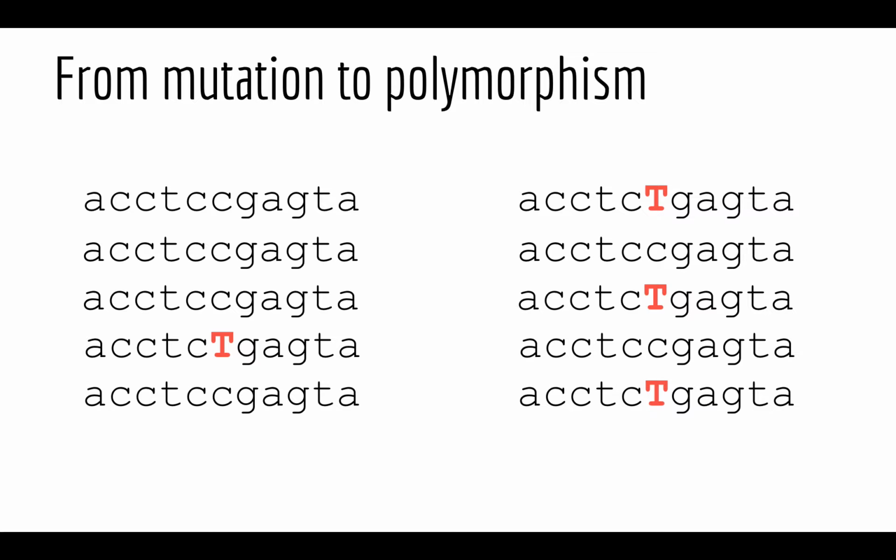We would have to do something far fancier to figure out whether that polymorphism arose from a single mutation a long time ago, and that's what explains its frequency, or if it arose independently in multiple different individuals more recently.